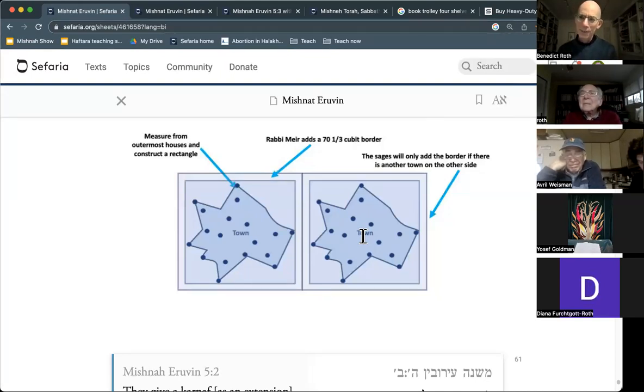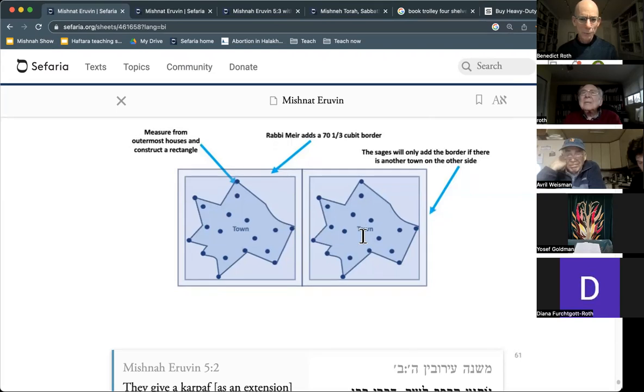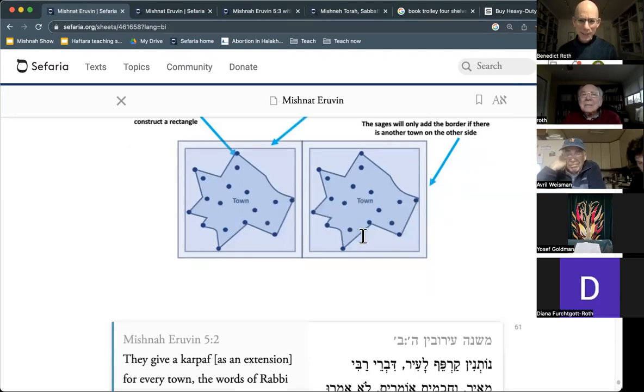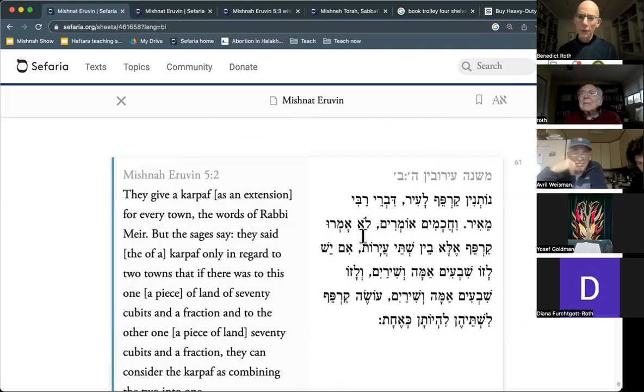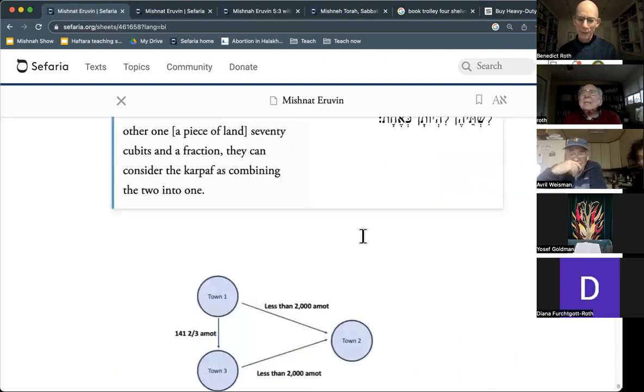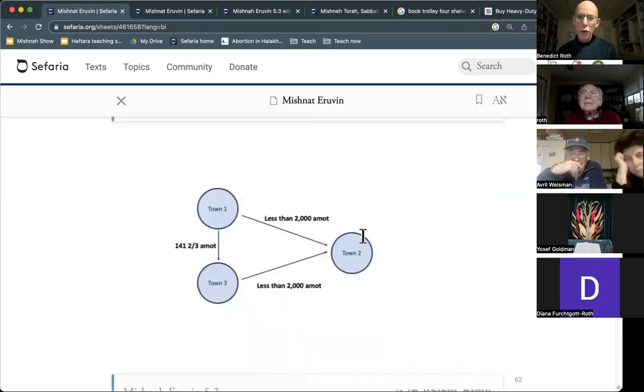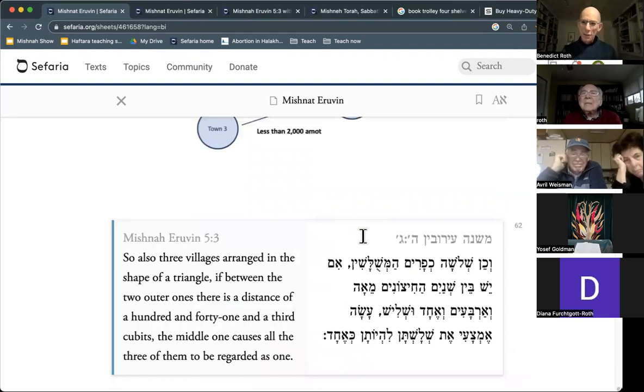We might just think and discuss that a little more. Anyway, let's keep moving. The 141 2/3 starts to become more and more significant as we're going to get into triangular villages. V'chein shlosha kfarim hameshulashim.